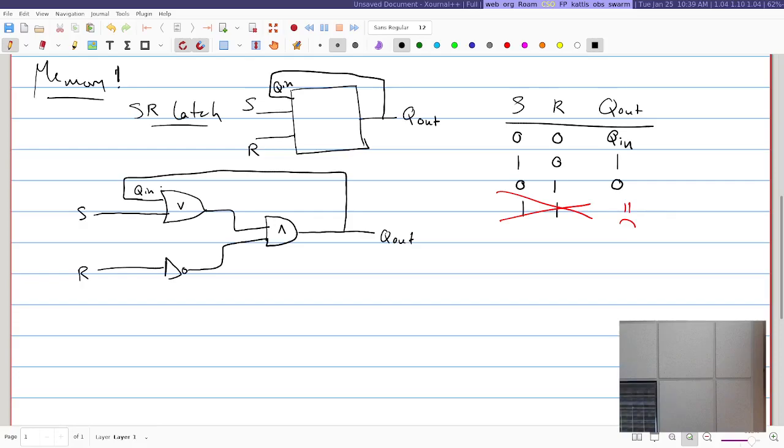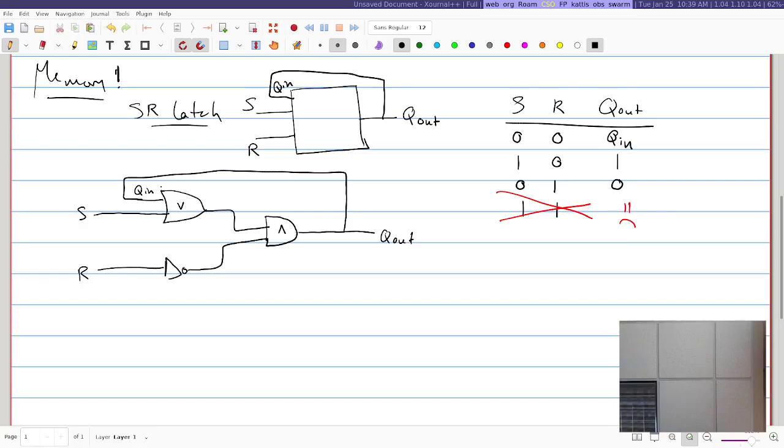That means definitely a 1 goes out there. And now we've just set Q out to 1. Okay? And vice versa, if R is 1, this is a 1 coming in here, so a 0 goes up here, which means anything AND 0 is 0, so a 0 goes out.